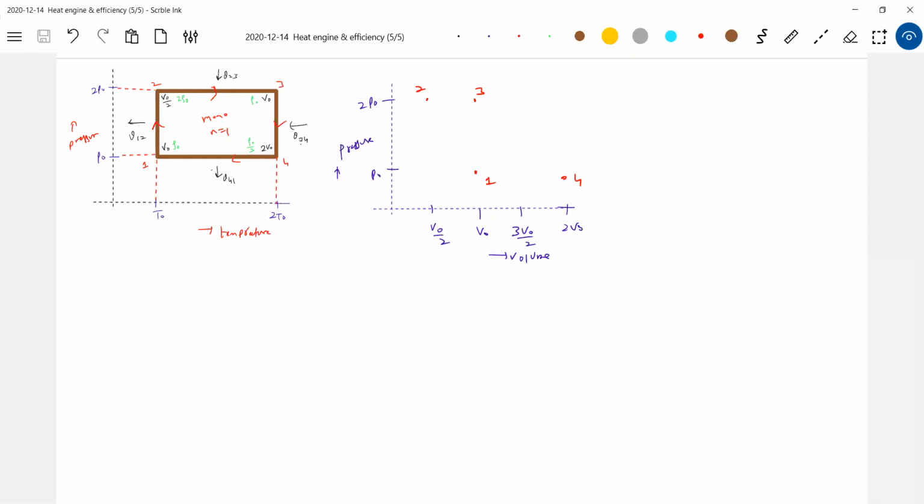So 1 to 2 should be a rectangular hyperbola. What about 2 to 3? Isobaric heating, PV graph, horizontal line. There's an arrow in some other color. Then 3 to 4, isothermal expansion.